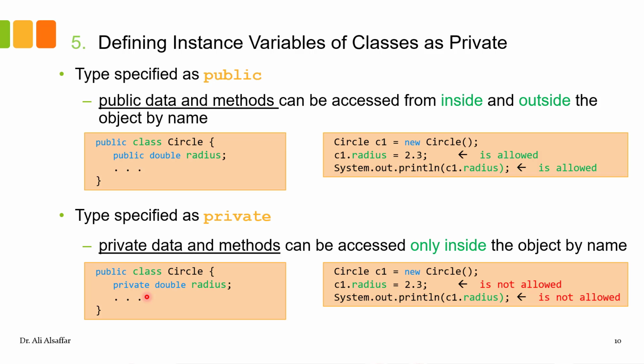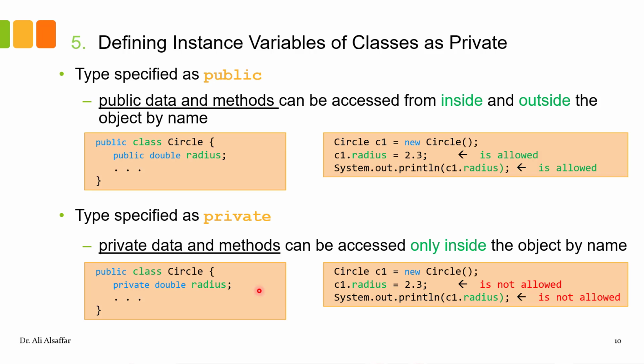This will give you control for both reading and writing. When you open it for public, you don't have control over whether to allow reading or writing. Both will be allowed. But if you define the data private, then you have the control to allow, for example, reading but not writing, or writing but not reading, which logically doesn't make sense, but it is possible.